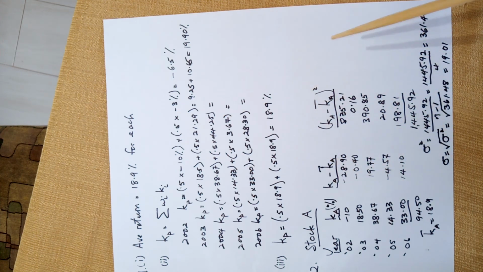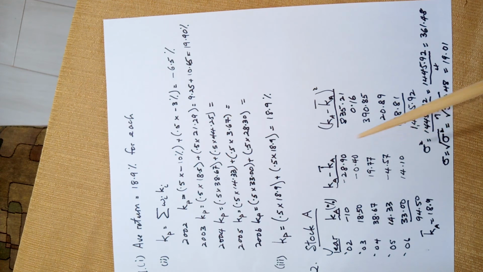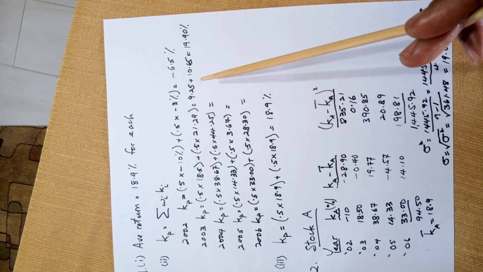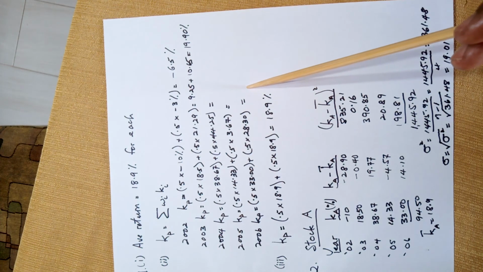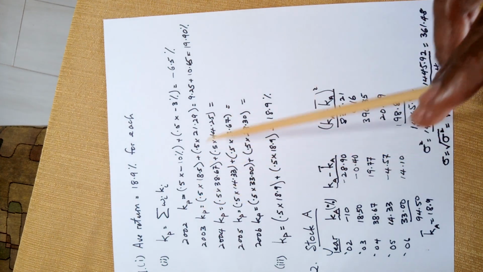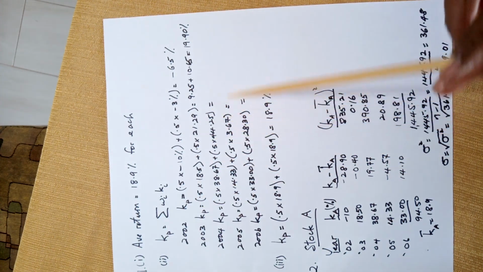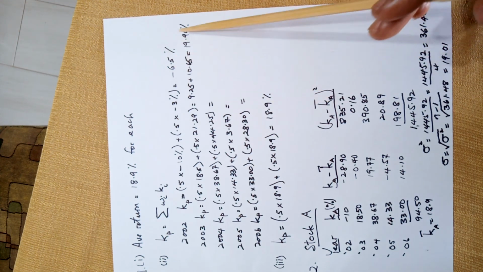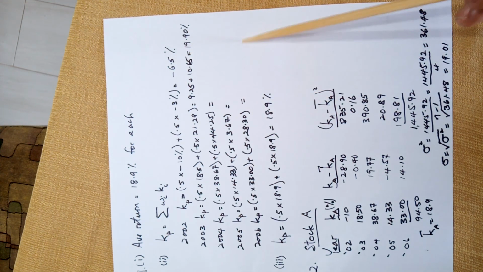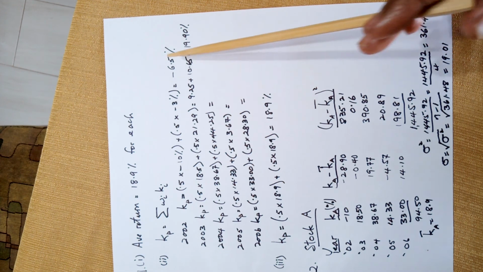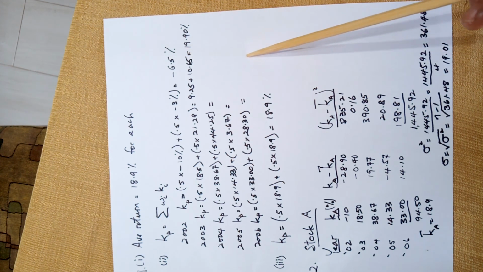You work out stock B's variance and standard deviation. A question asks us to do something else as well, which is to find the standard deviation and variance for the portfolio. I can't do that one for you because I didn't do the other 3 values. But you would have done the average return for each year, so you would have had all 5 values for 2002, 3, 4, 5, and 6 for the portfolio for every year.